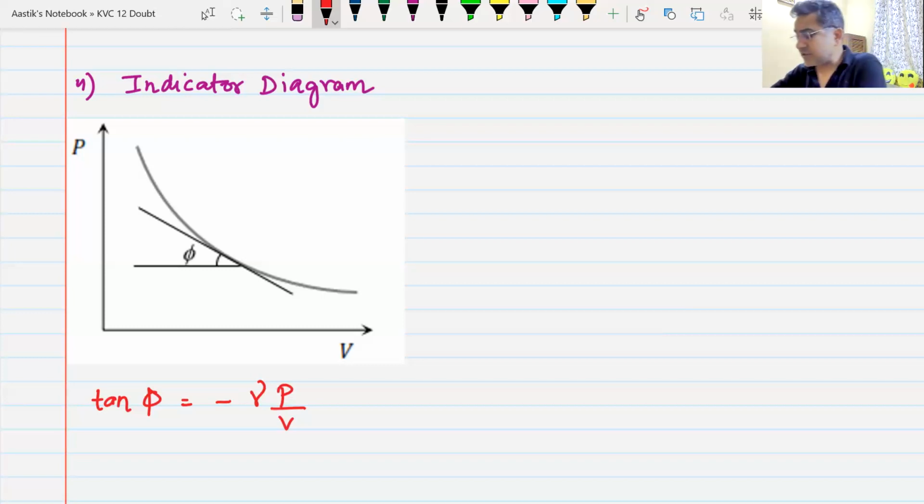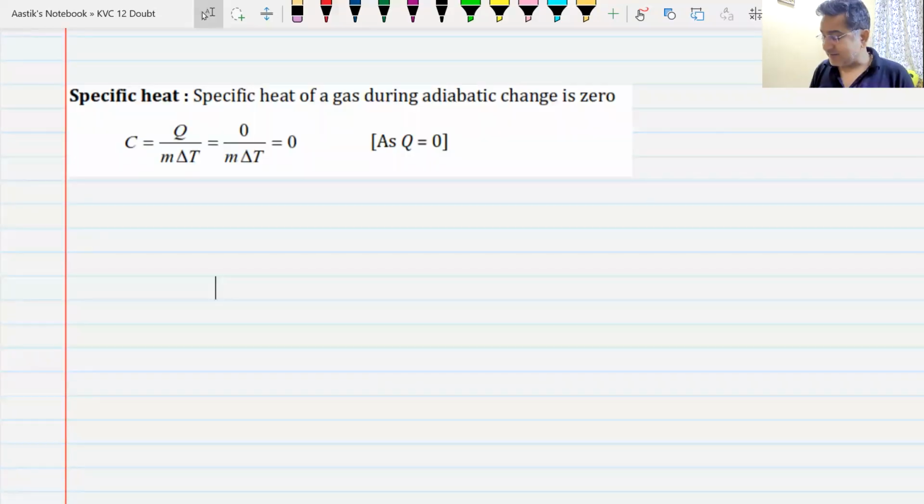Have we noted it down? Yes or no? Shall we move on in life? Yes, sir. Then the next thing is specific heat for an adiabatic process.